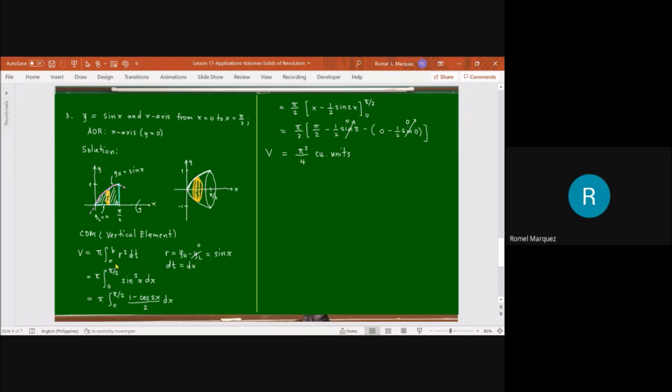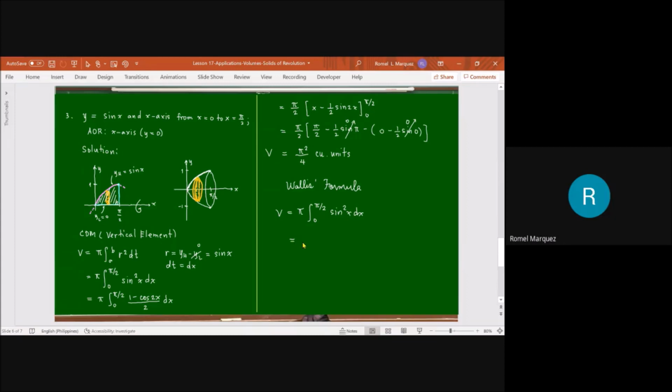Another way to evaluate this integral is by using Wallis formula. By Wallis formula, we have volume is equal to pi integral from 0 to pi over 2 of sine squared x dx.